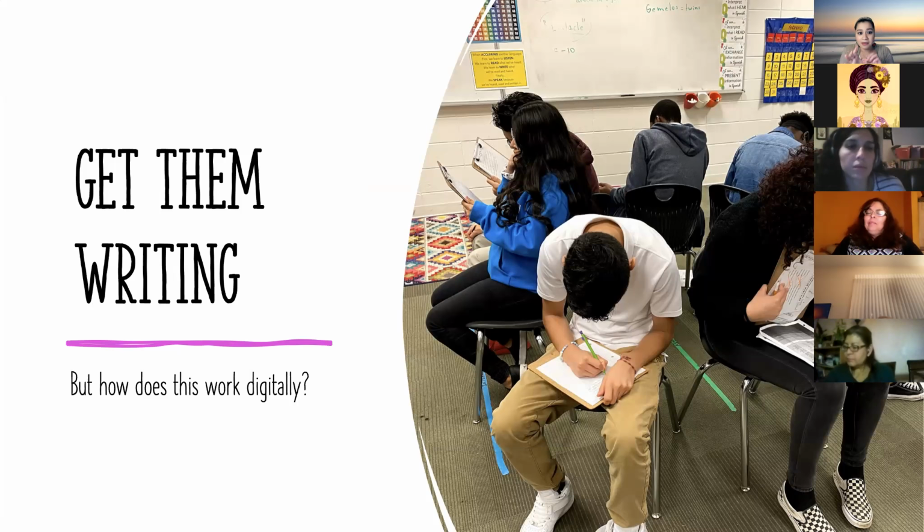You set the timer for 1 minute, and then they write as much as they can, and then you have them scoot down a slide, and then they continue from wherever that person left off. It's a good way to have them do writing and elaborate on where their partners left off. Okay, so that's how I transfer this activity to a digital mode.